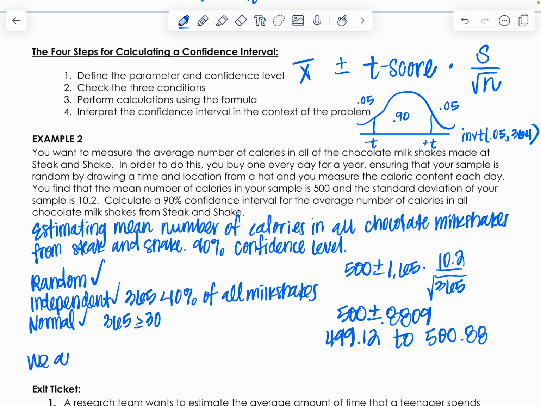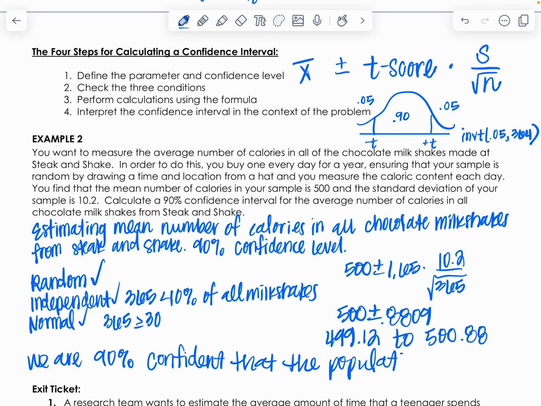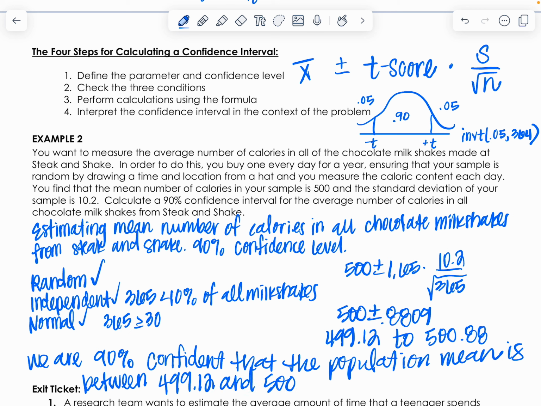We are 90% confident that the population mean is between 499.12 and 500.88 calories.